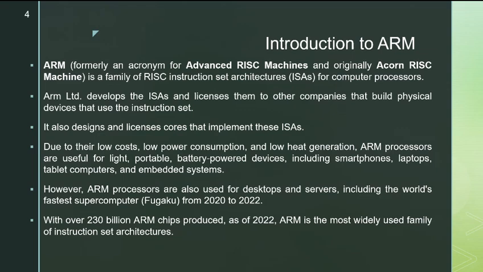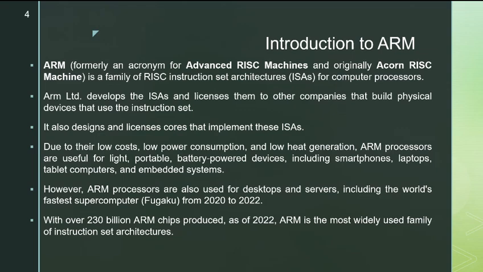Due to their low cost, low power consumption, and low heat generation, ARM processors are useful for light, portable, battery operated devices including smartphones, laptops, tablet computers, and embedded systems.